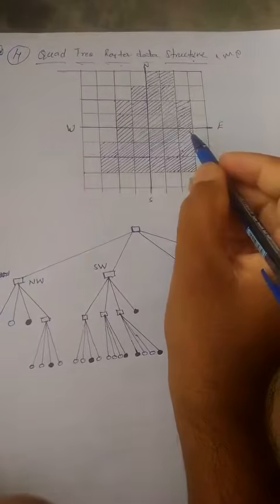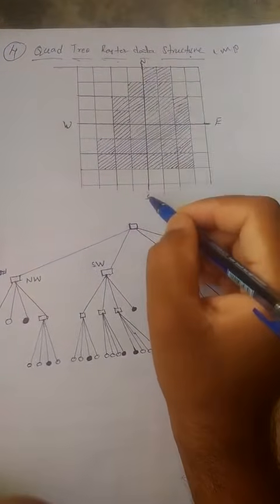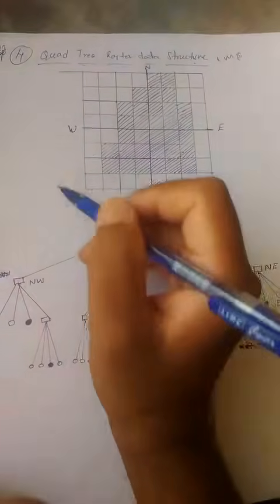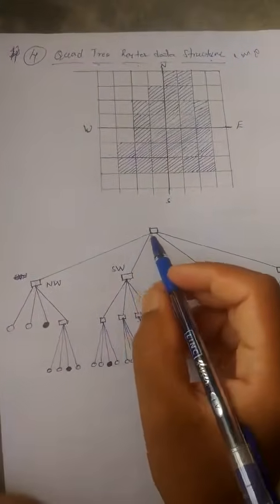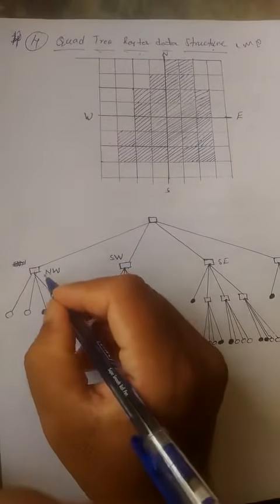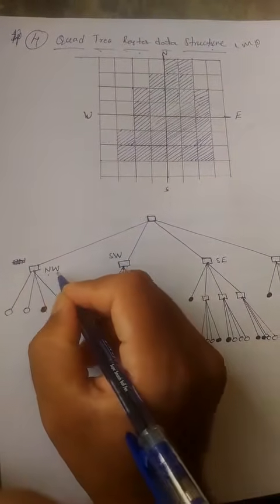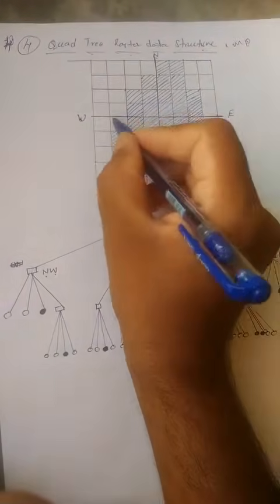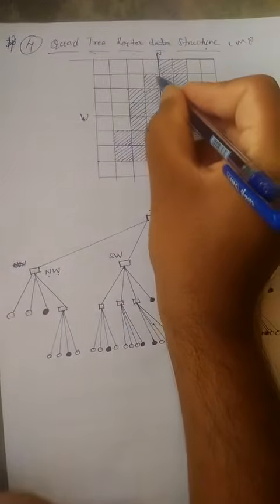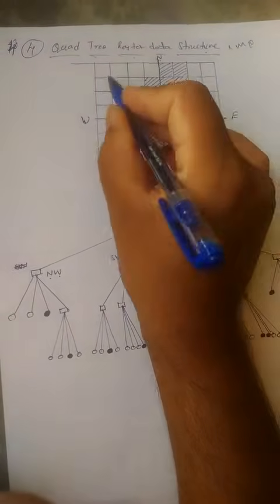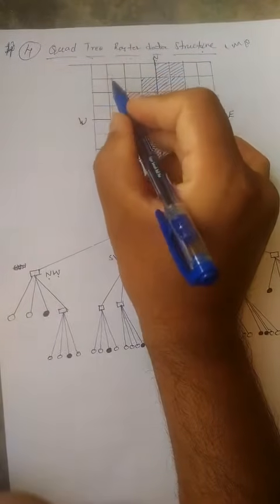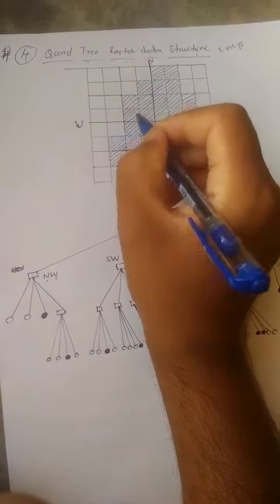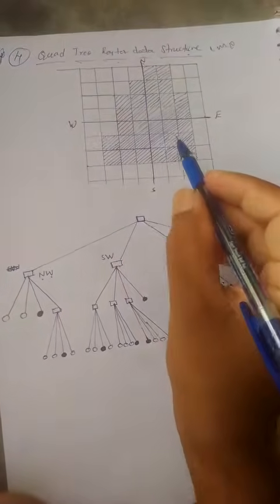This is the north-south direction and this one is the east-west direction. For example, I am taking the first one as northwest. This one is the north and this one is the west. What is included between north and west is this part, this four, this four, and this one. So this is one structure.